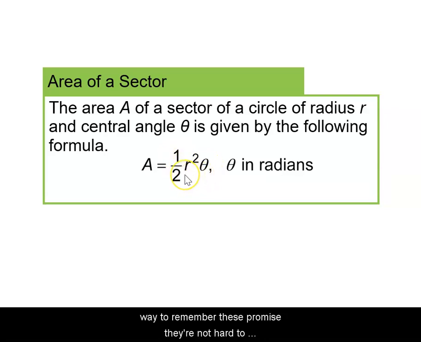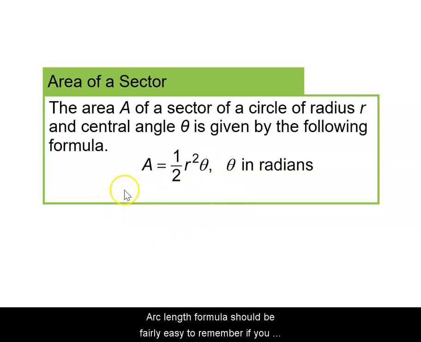So again, the easiest way to remember these formulas, they're not hard to remember anyway, is how they are formed. If you just think about how this is in relation to the area of an entire circle, you should always be able to remember the area of a sector. Your arc length is related to the entire circumference of a circle.